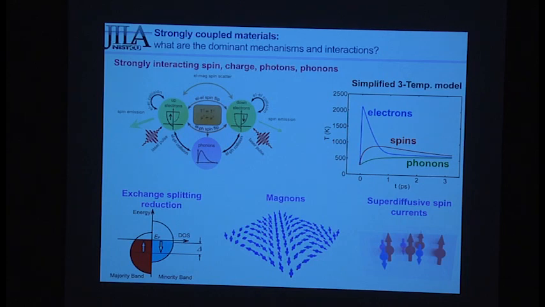Another was spin wave generation, such as magnons, and another one would be the reduction in the exchange splitting.